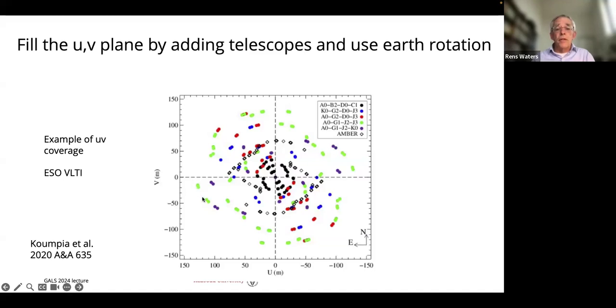And then you can imagine that all these different green points are due to the rotation of the Earth. So this really is physically only a single telescope baseline, interferometric baseline, but then the Earth rotation makes the projected baseline on the sky different in terms of angle, and therefore you can use the Earth rotation in order to improve your UV coverage.